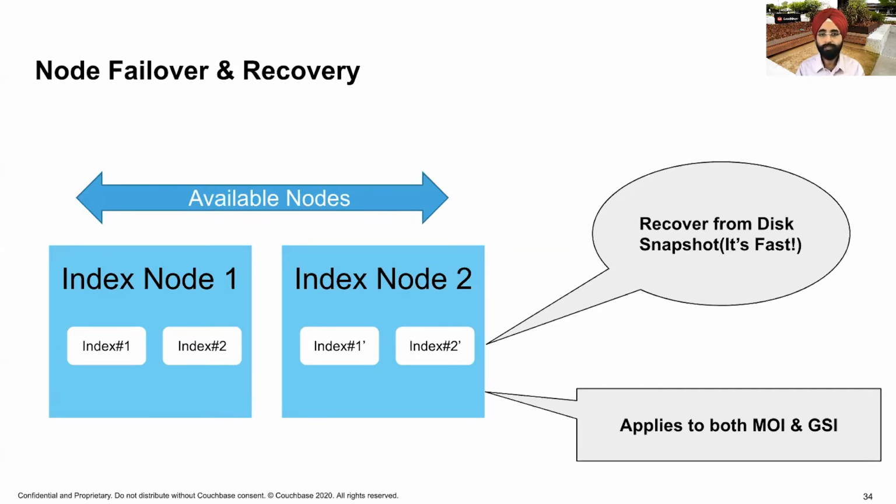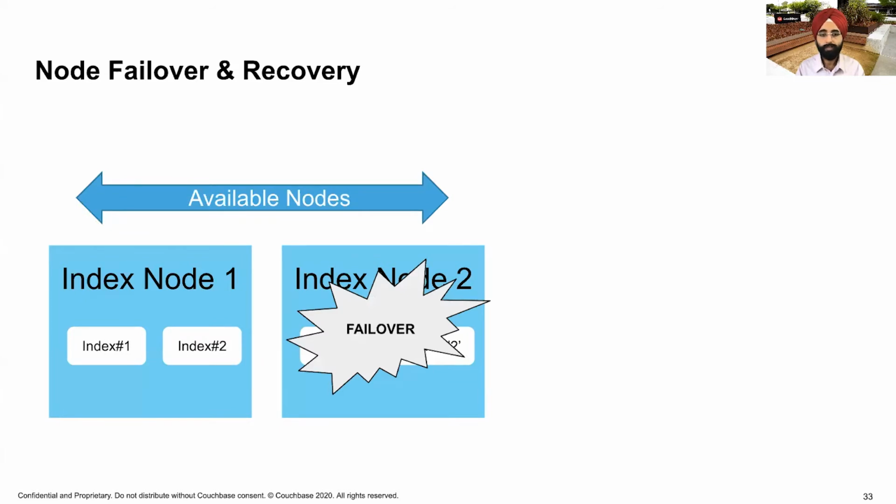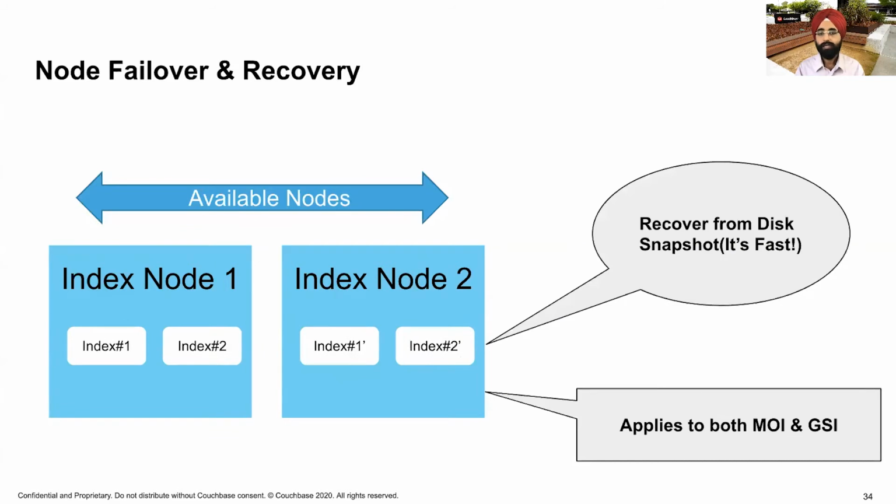Once after failover, the administrator recovers the node. The indexes on the node are automatically recovered from the disk snapshots. And this is a very fast process because all the data is on the disk. It just needs to recover it and catch up with the delta mutations remaining from the data service.